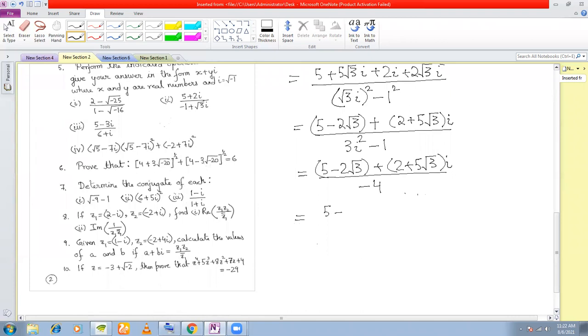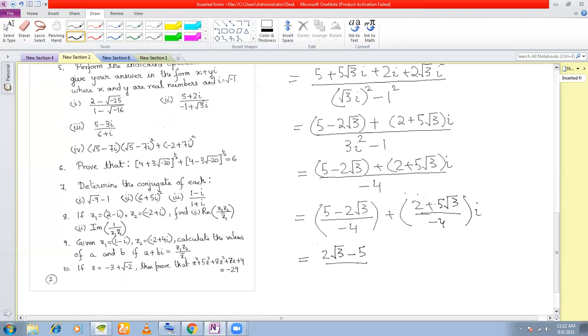You get 5 minus 2 root 3 divided by minus 4. This is your real part. And your imaginary part will be 2 plus 5 root 3 divided by minus 4 i.